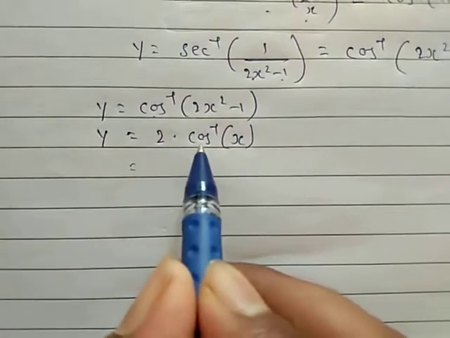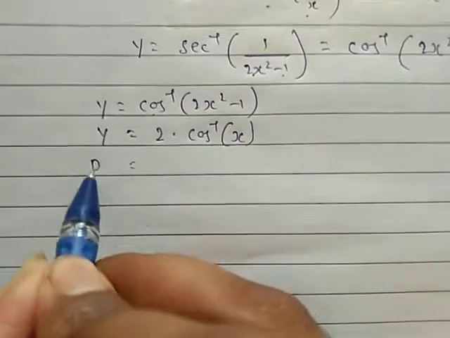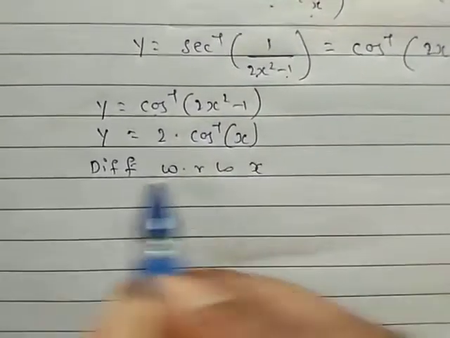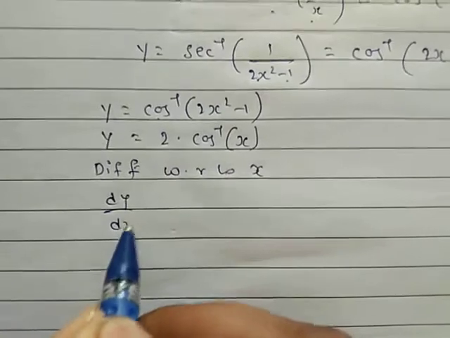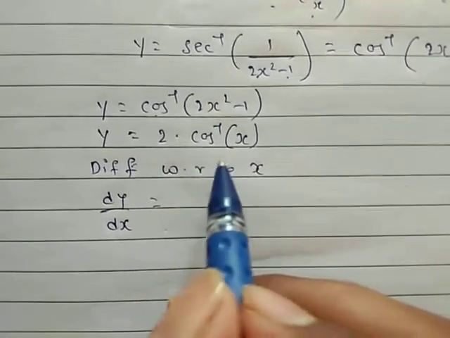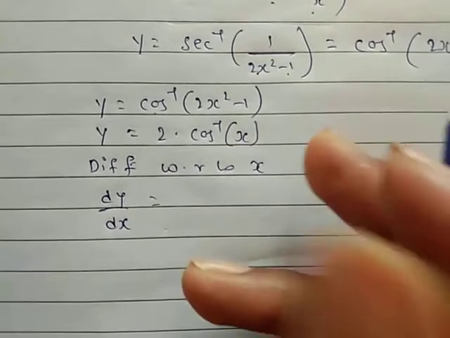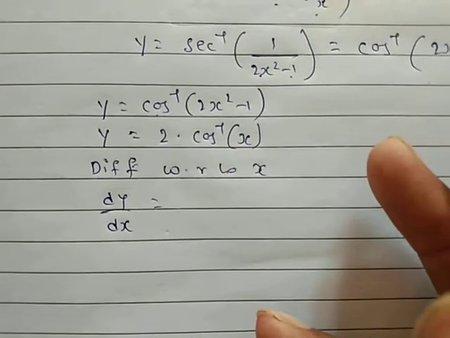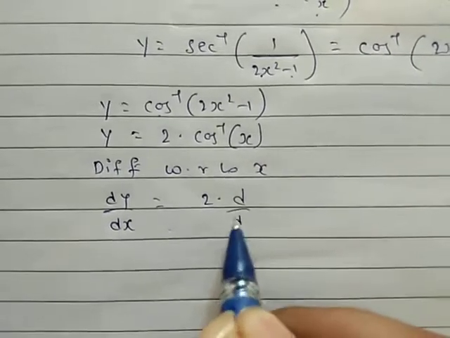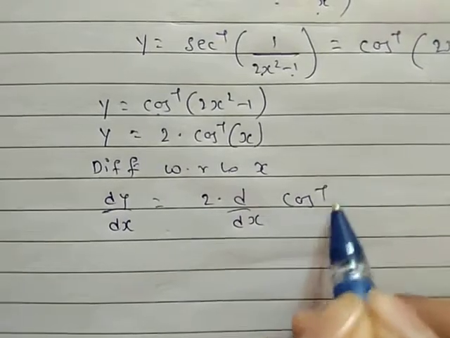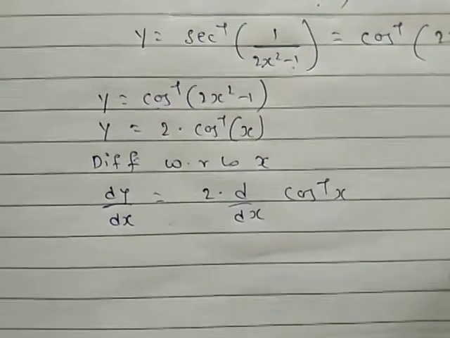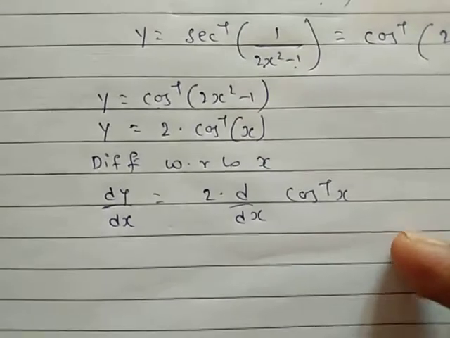So applying differentiation with respect to x, we get dy by dx is equal to, again we need to apply the chain rule of differentiation. The constant function derivative is going to be 0, so 0 into cos inverse is again 0.